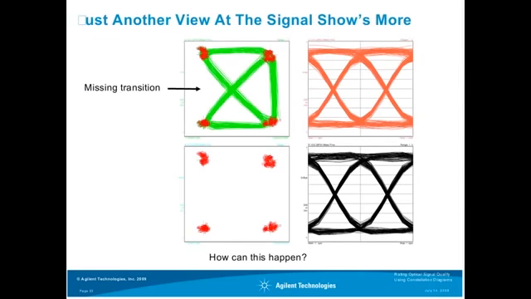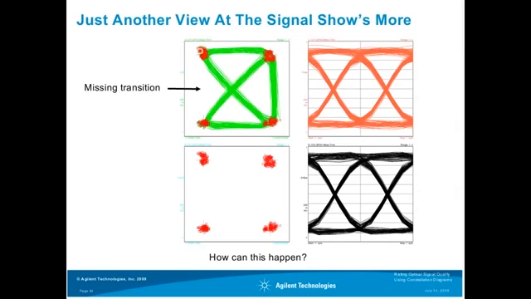If we look at the signal differently, namely looking at the transitions, not only the constellation points, we see in the lower part of the diagram just the constellation points, and here, in addition to the constellation points, we see the transitions between these constellation points.